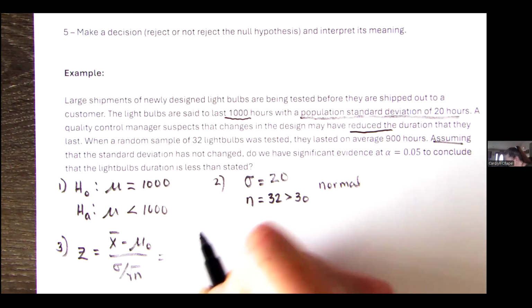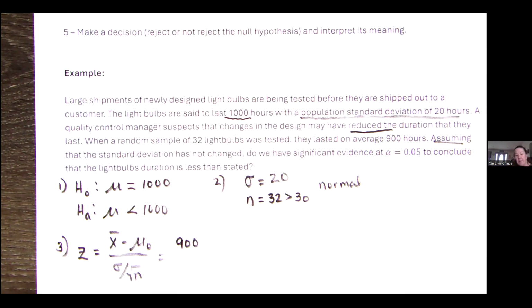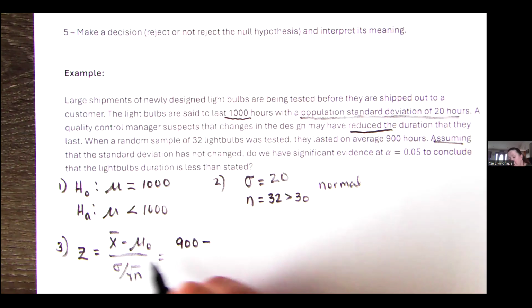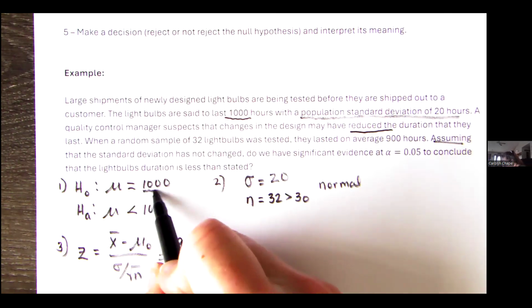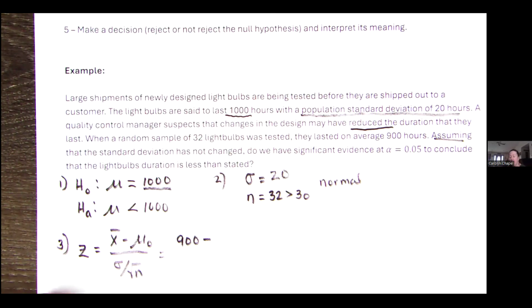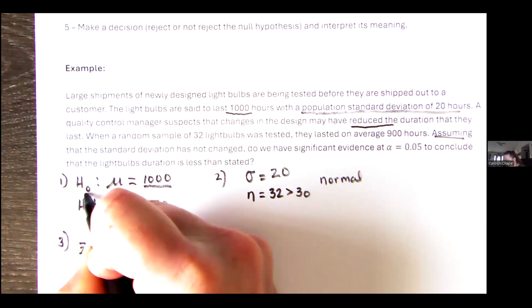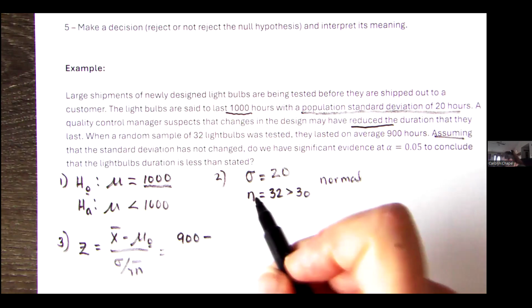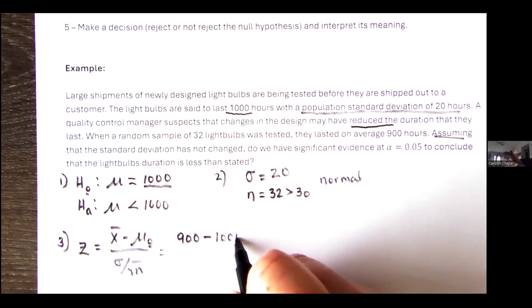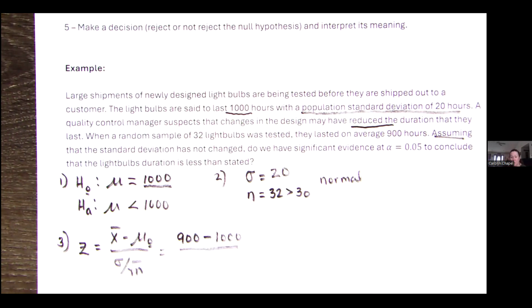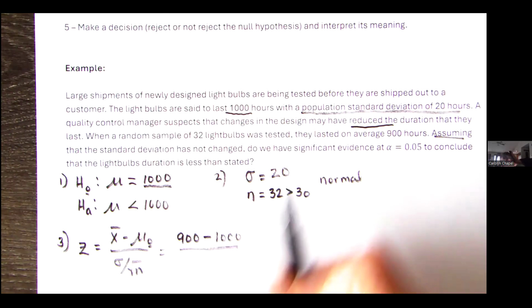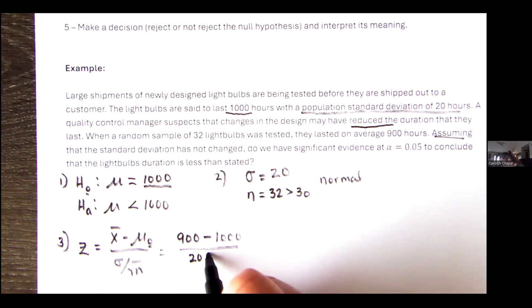That is the 900 that we had. The mu 0 is the number that's in that null hypothesis, hence the 0. They kind of match those up. So we're going to be subtracting 1,000 because that's what we assume mu to be. And then our sigma was 20 and our n was 32.